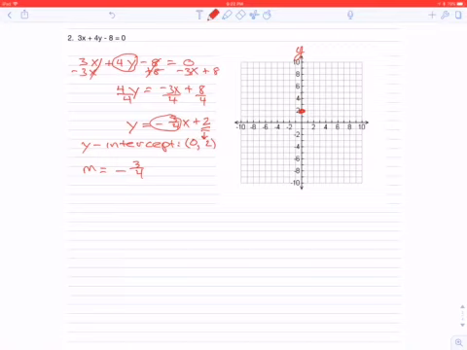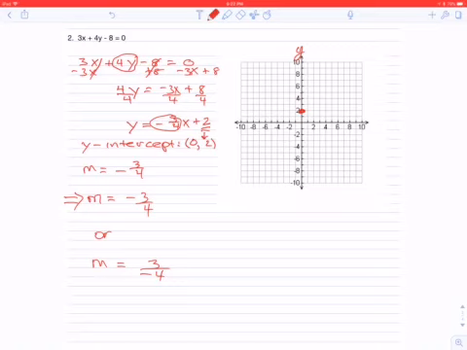So if the fraction is negative, that means either the numerator or the denominator is negative. It doesn't matter which. So I could write this as negative 3/4 or 3/-4. So let's start with a slope of negative 3/4.